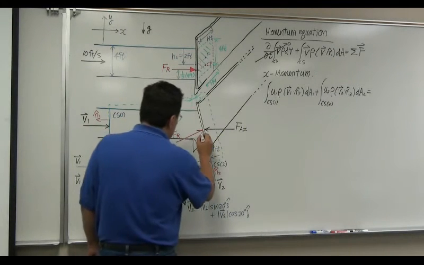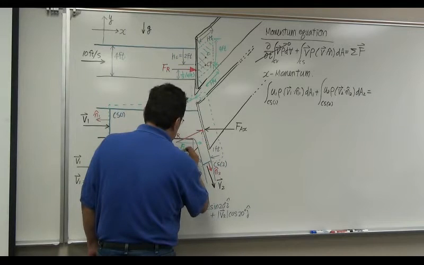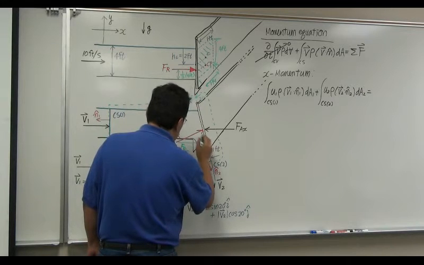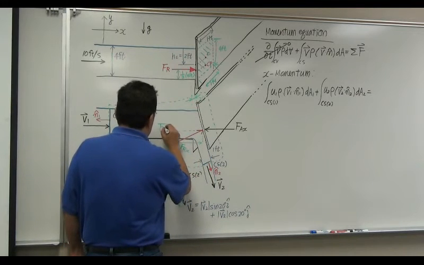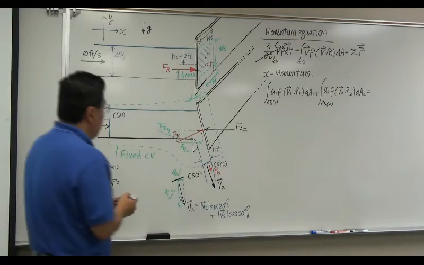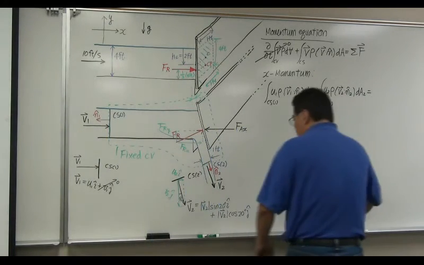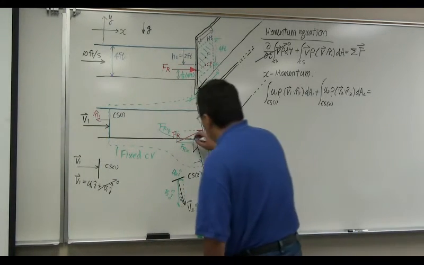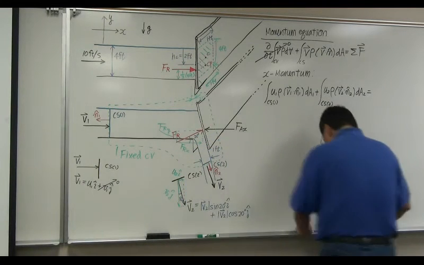Obviously, this Fr can be broken down into two components. This is Frx. This is Fry. So I'm going to consider Frx, knowing that the angle here is 20 degrees. Okay.